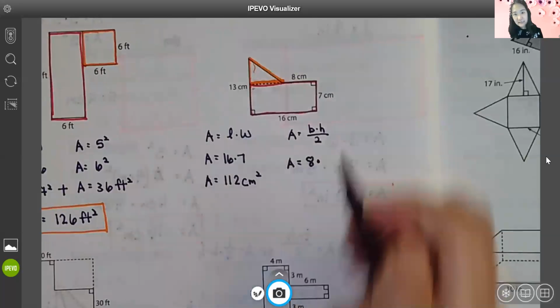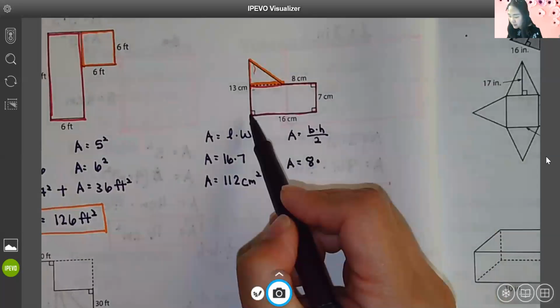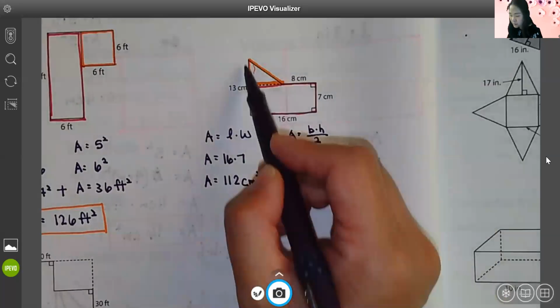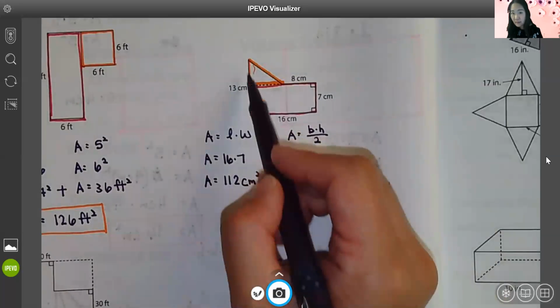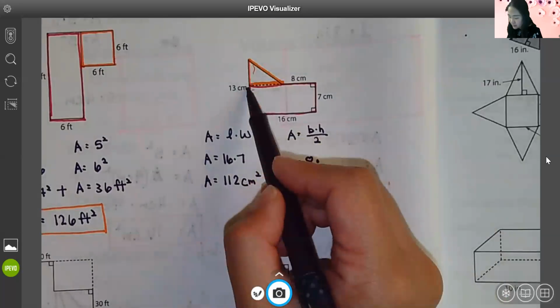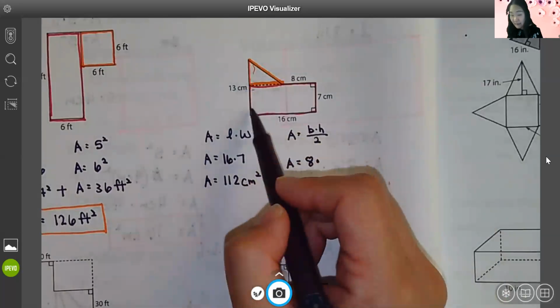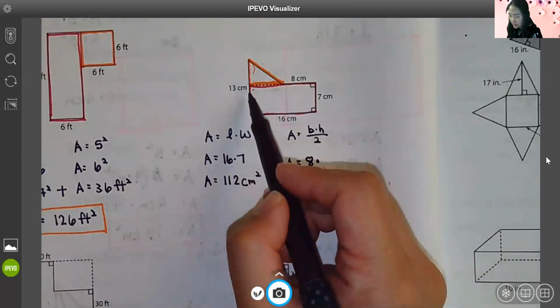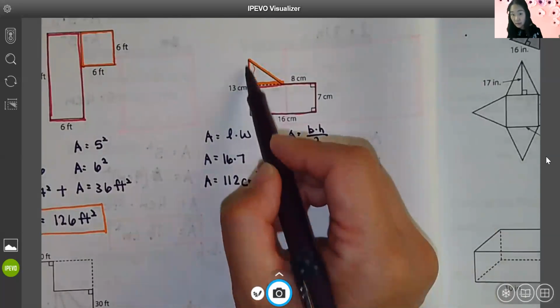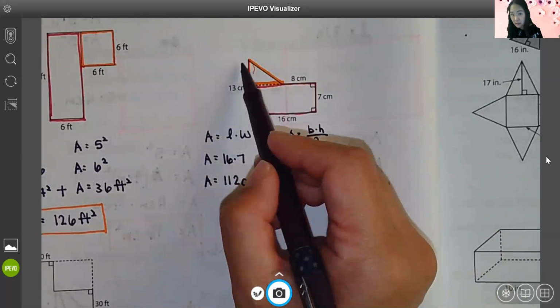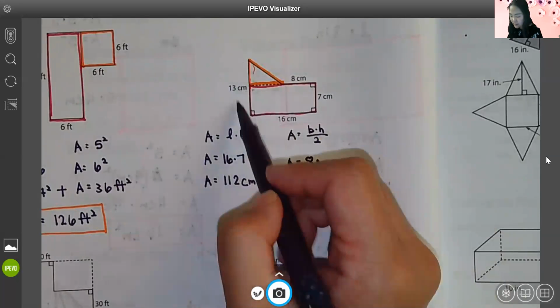What about the height? Well, from here to here is 13. But I know that from here to here is 7. So to figure out my height, which is right here, I need to do 13 minus 7.